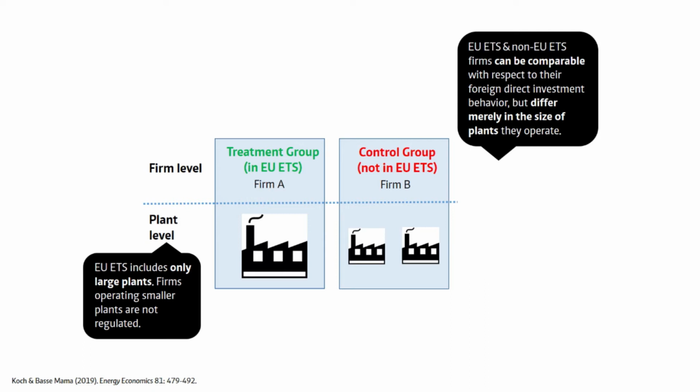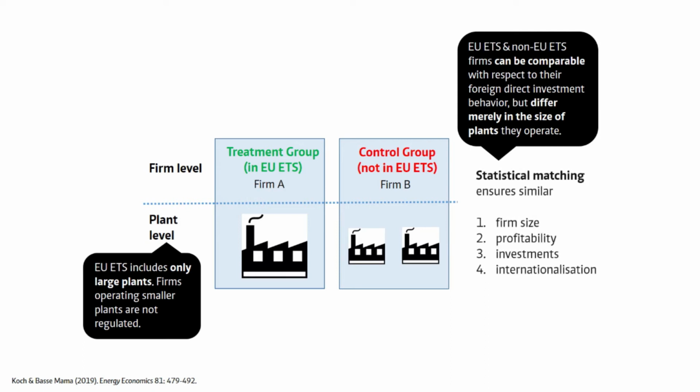So we are in a situation where we have EU ETS firms and non-EU ETS firms that can be comparable with respect to the production, but also their foreign direct investment behaviors, but they differ merely in the size of the plants they operate. So this is our quasi-experiment.